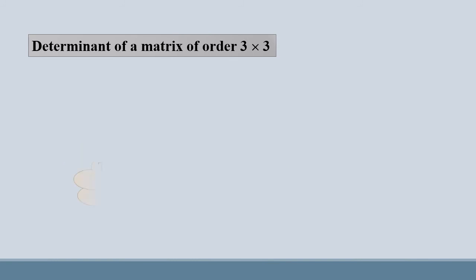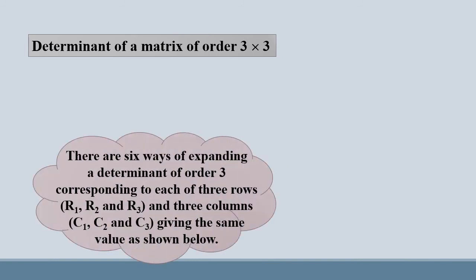A 3 cross 3 matrix consists of 9 elements, and when expanding a 3 cross 3 determinant, we can expand it in 6 ways. That is, by making use of the rows R1, R2 or R3, or by making use of the columns C1, C2 and C3.